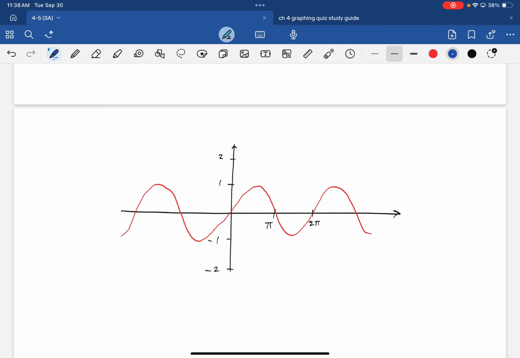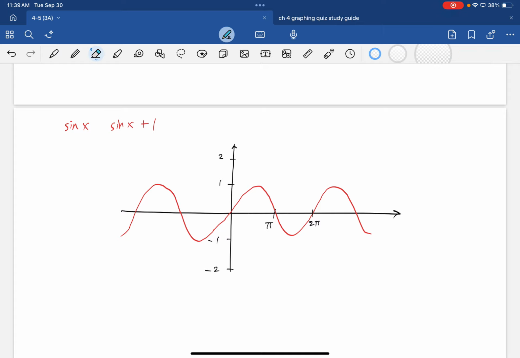Okay, so this time let me do a shift. Let's do sine x and then sine x plus 1. What kind of transformation would that be? Vertical shift. Whoever said that, over there.